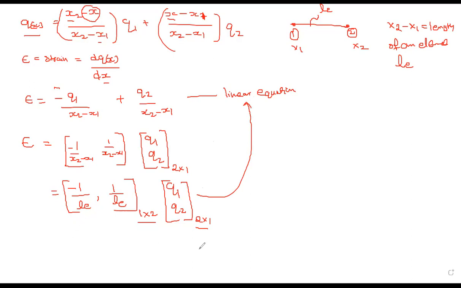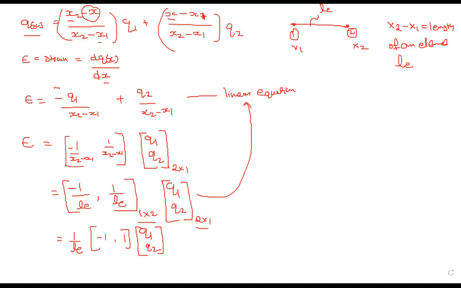Now again, I would like to simplify this. If you want to simplify the above strain equation, I would like to take 1 by Le as common, and it is possible to say minus 1 comma 1 into Q1 by Q2. So this would be the strain formula for a bar element having nodal numbers 1 comma 2.